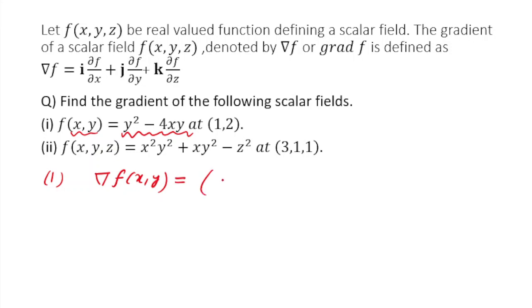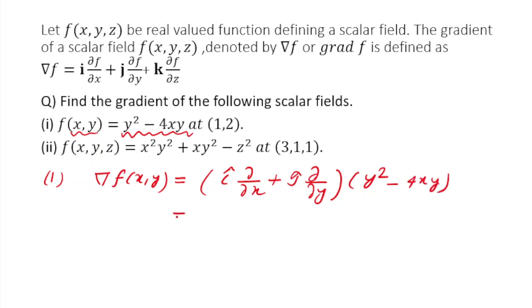First of all, what will be the del operator in this case? The del operator in this case will be i del by del x plus j del by del y. There is no z component, so I will just take i del by del x plus j del by del y, and operate this on the function y square minus 4xy.